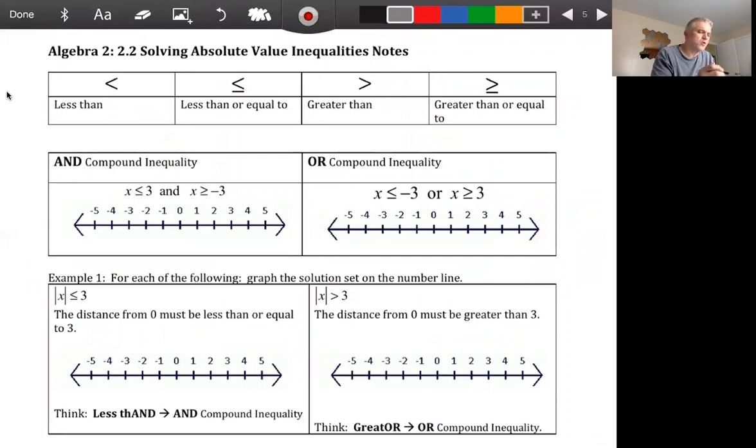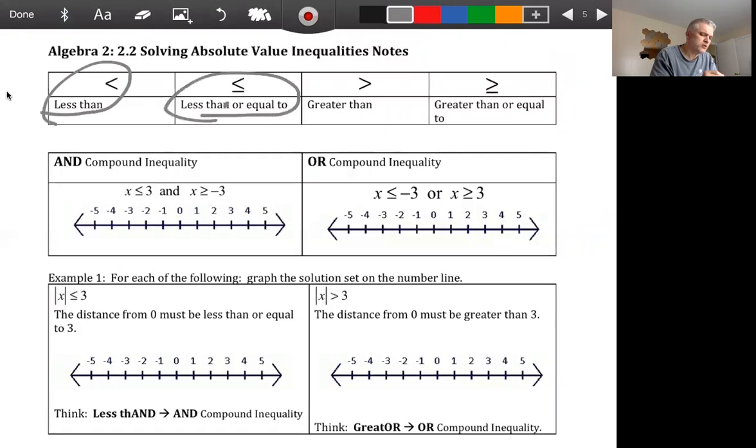Now, instead of having an equal sign, we're going to have an inequality symbol. These are your inequality symbols. You learned them back in grade school, whether your teacher called them the alligator mouth or whatever they wanted to call them. You've got less than, and less than or equal to.